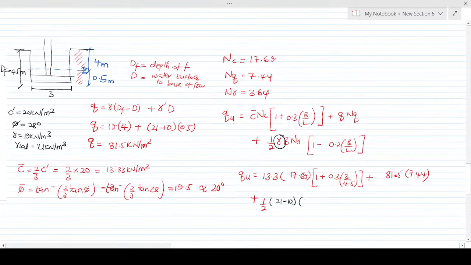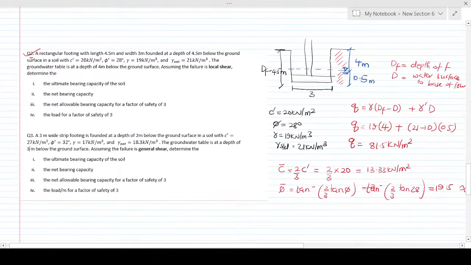Multiplying N gamma, which is 3.64, multiplying 1 minus what? 0.2, multiplying B 3 over 4.5. And so my ultimate bearing capacity is going to give me 940.744 kilonewton per meter square. So I'm done with the first aspect of the question.